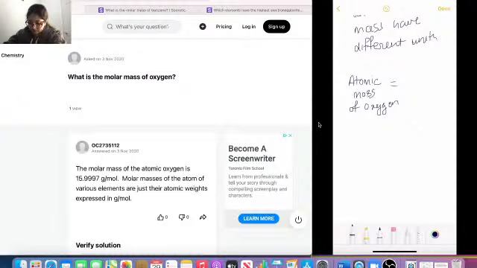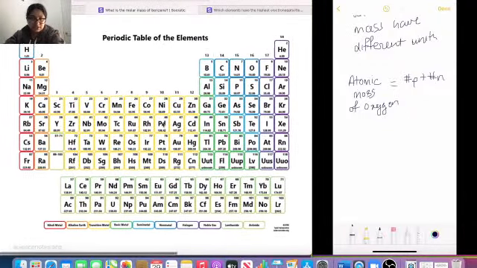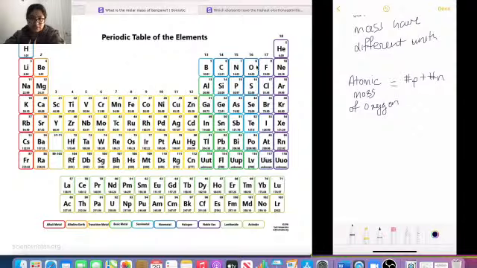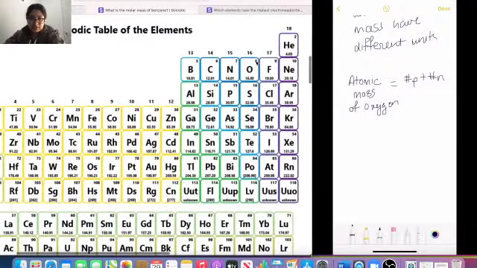right, this is equal, so your atomic mass is equal to the number of protons plus the number of neutrons, right? You can look this up in your periodic table. And so I have a periodic table right here, and we can see that the molar mass is given here, 16, but in order to calculate the atomic mass, we can say that the number of protons here is 8, right?